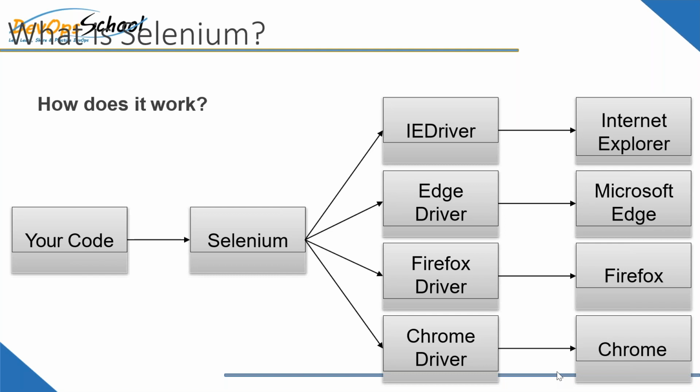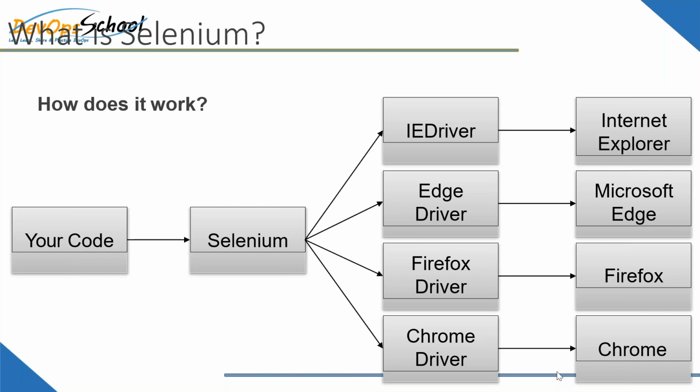How to write test code, I'll teach you that also. Then you send the code to the tool called Selenium, and Selenium sends that code to the different browsers, depending on which browser you want to use. You can send it to one browser also. But if you want to do the testing for the entire set of browsers, you can send that to the different browser drivers. So here you see IE driver, Edge driver, Firefox driver, Chrome driver, and all.